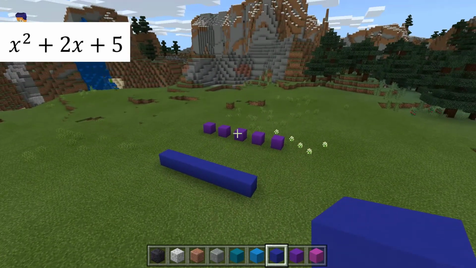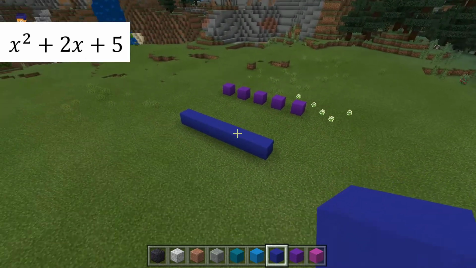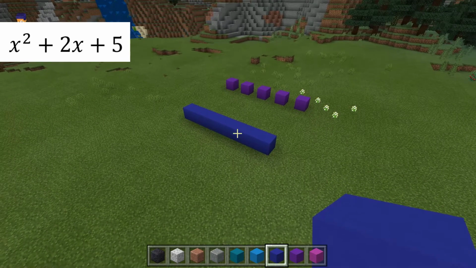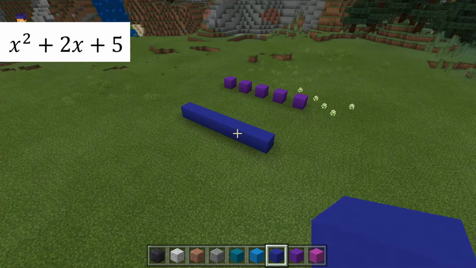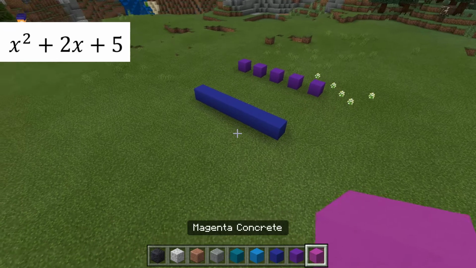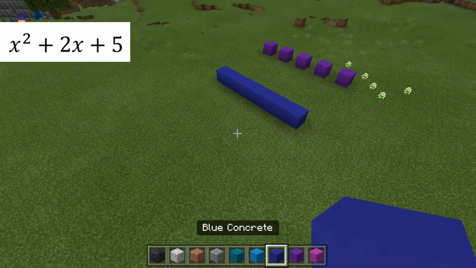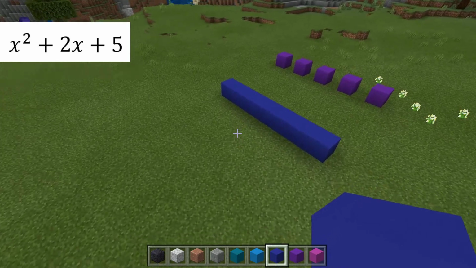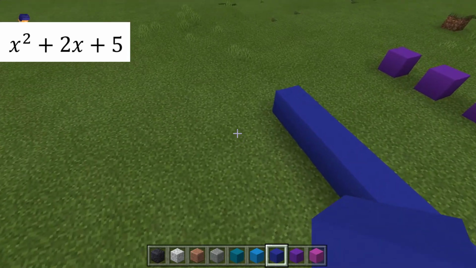Well, if 5 is represented just by single blocks, x is represented by a block as long as whatever x is, even though we don't know what x is, then what would x squared look like? Oh wait, I said 2x, so I need another one of these.